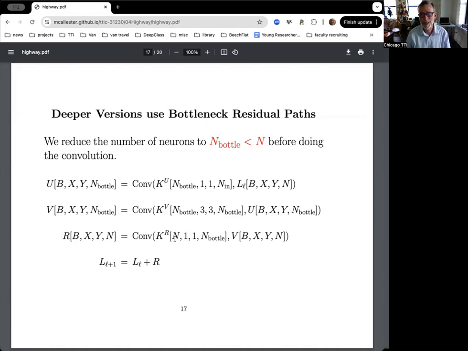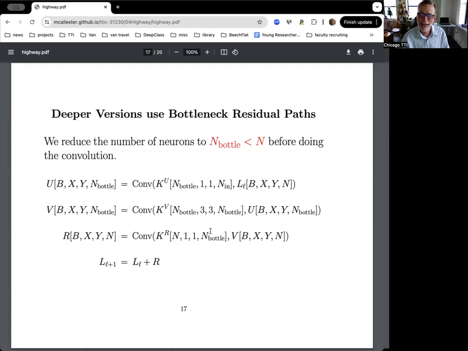The residual stream, the set of things we're adding together, still has the larger number of neurons. But in the computation, we reduce, convolve, expand, and then add. And this is justified by saying that this 3 by 3 convolution, by being done on a smaller dimension, is much faster, because the matrices are smaller. So this ends up being more efficient computation.